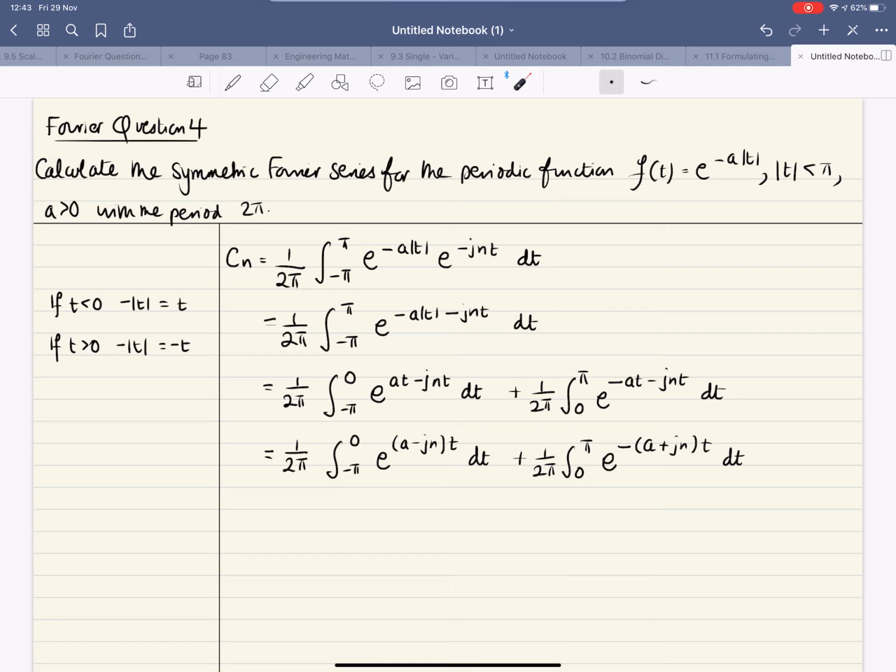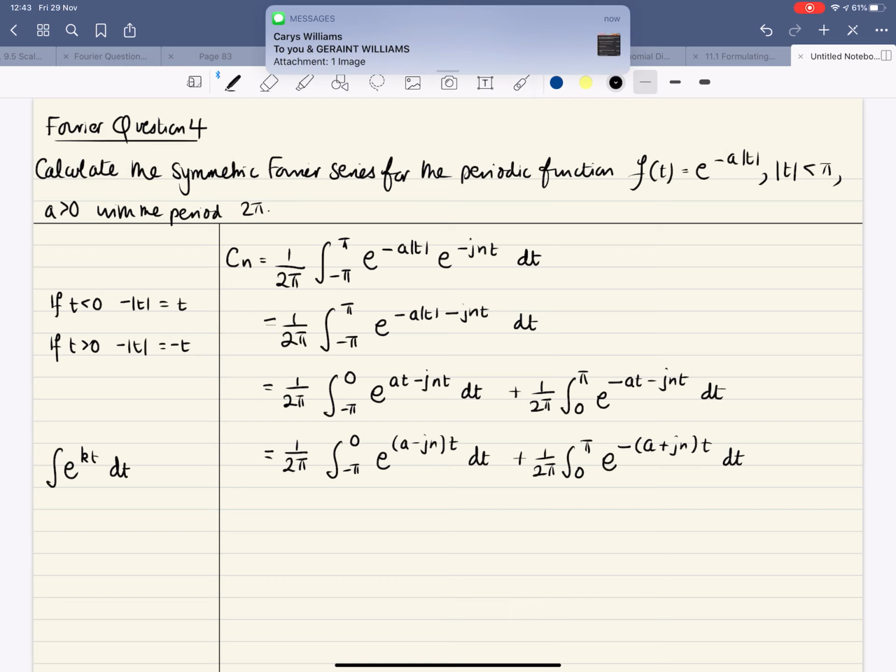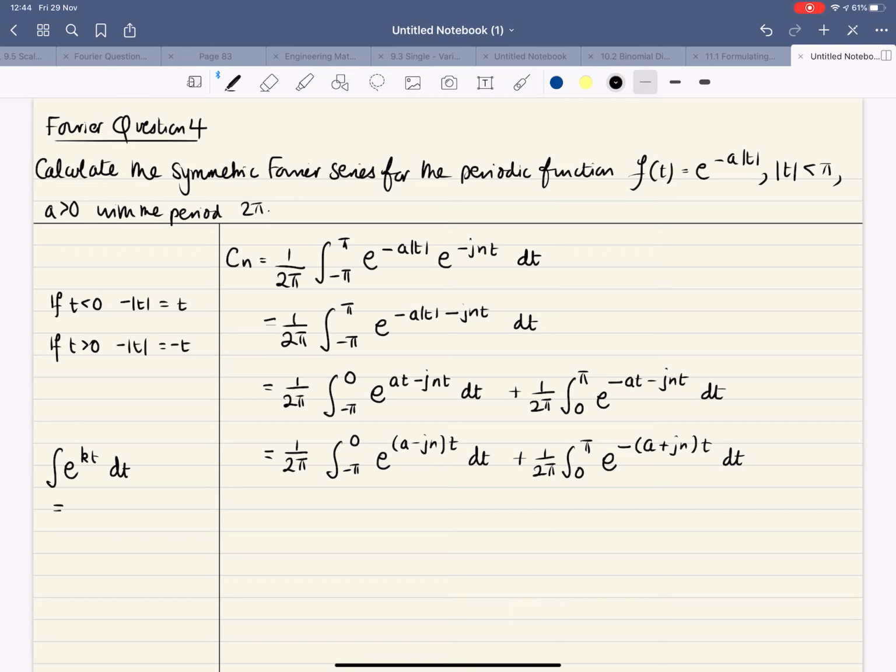And if you remember, the next thing, integral of e to the kt dt is 1 over k e to the kt. So that comes up from level 3 and level 4 maths. So what we've got here is 1 over 2 pi, e to the a minus j n t.